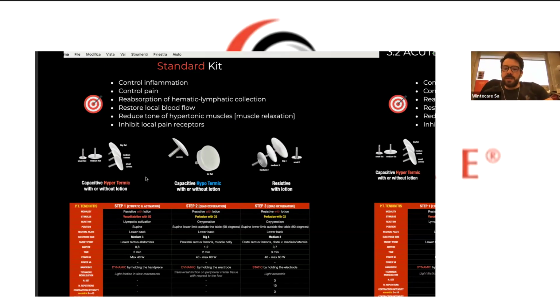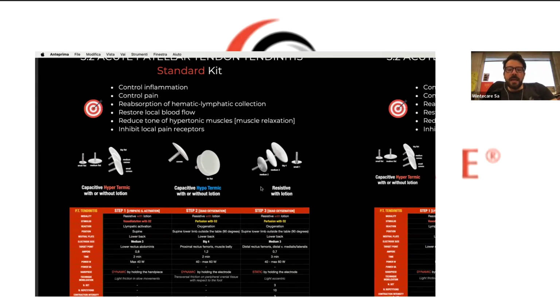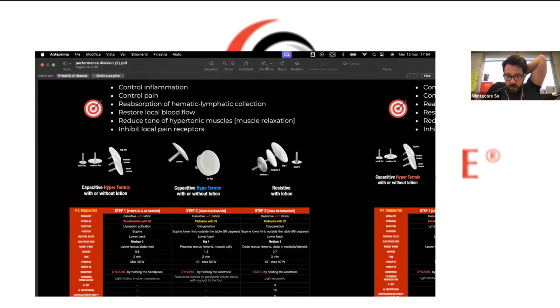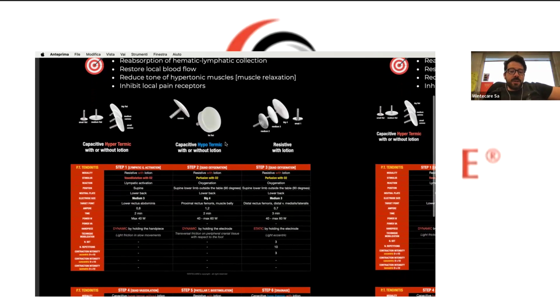The purposes are to control the inflammation, control pain, reabsorption of hemolymphatic collection, restore local flow, reduce tone of hypertonic muscles, and inhibit local pain receptors. We need these tools over here, the different electrodes.